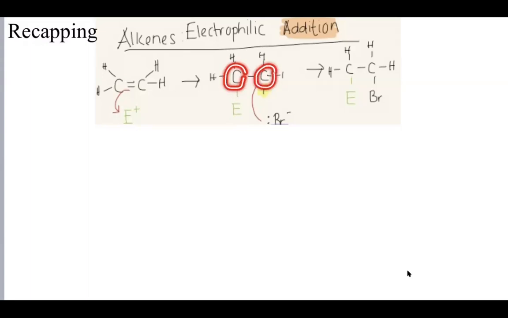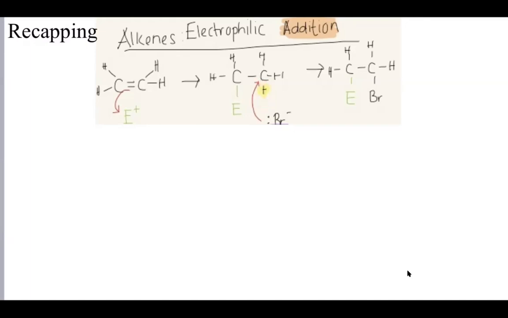This other carbon only has 3, if you can see. 1, 2, 3 bonds. Okay, so if you still remember, whoever gets the electrons will become negative, and whoever doesn't get the electrons will become positive. So that positive charge is on the carbon atom that hasn't got anything hanging off it.